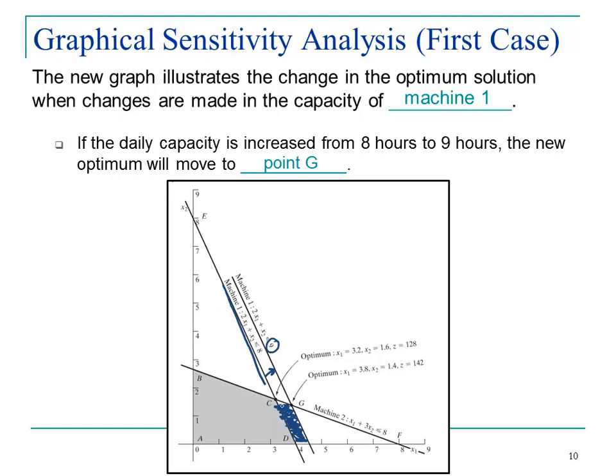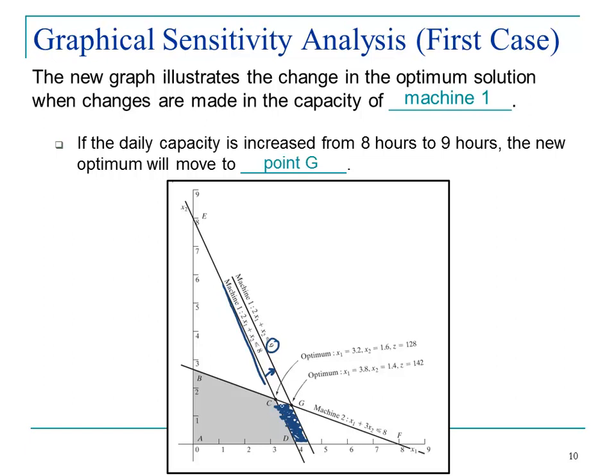So now my optimal solution will move from here to here, and the value will go from 128 to 142. So you are maximizing your profit. Kind of makes sense. You add an extra hour of production, then you should be able to increase your production and you should be able to increase your profit. So this solution makes sense.